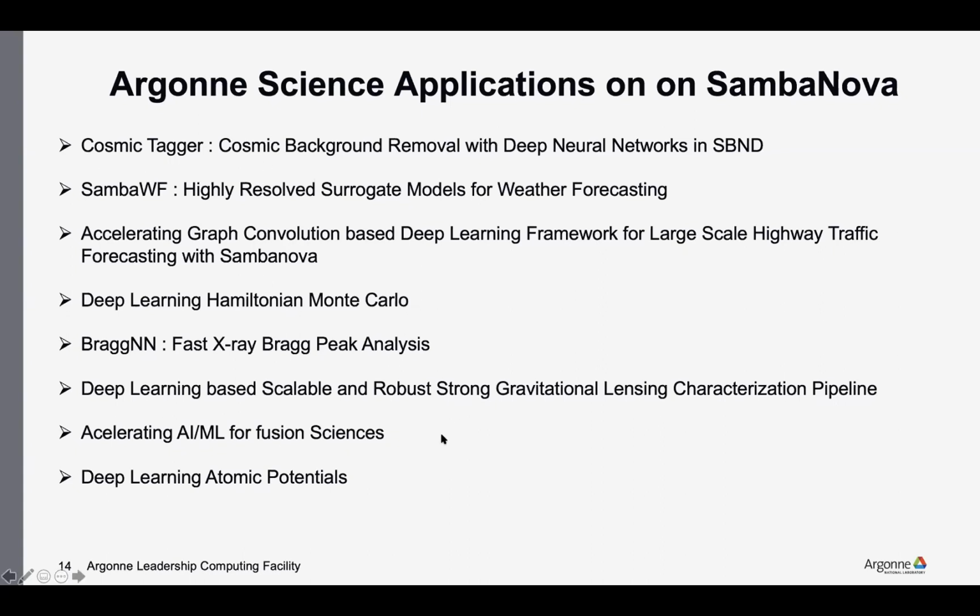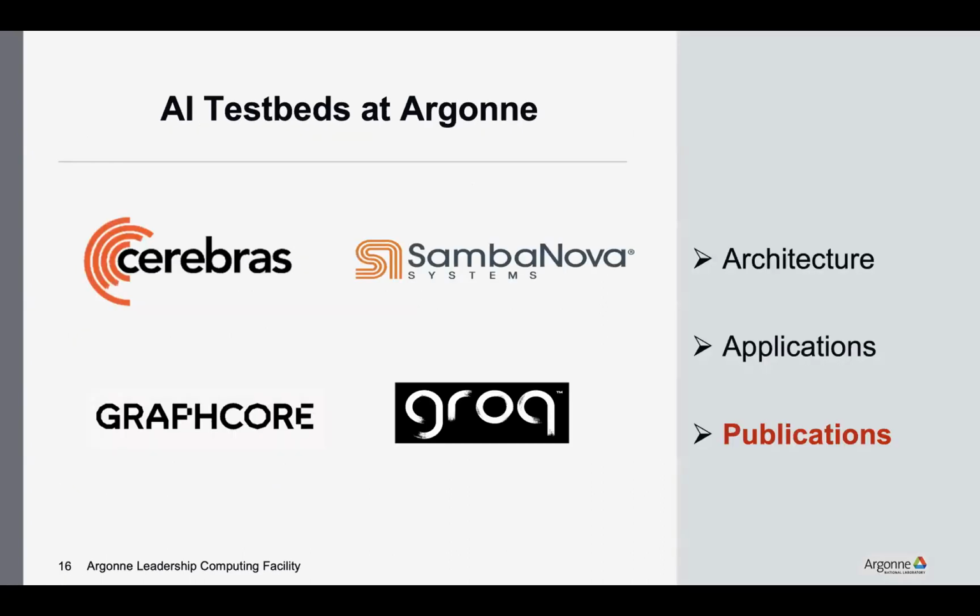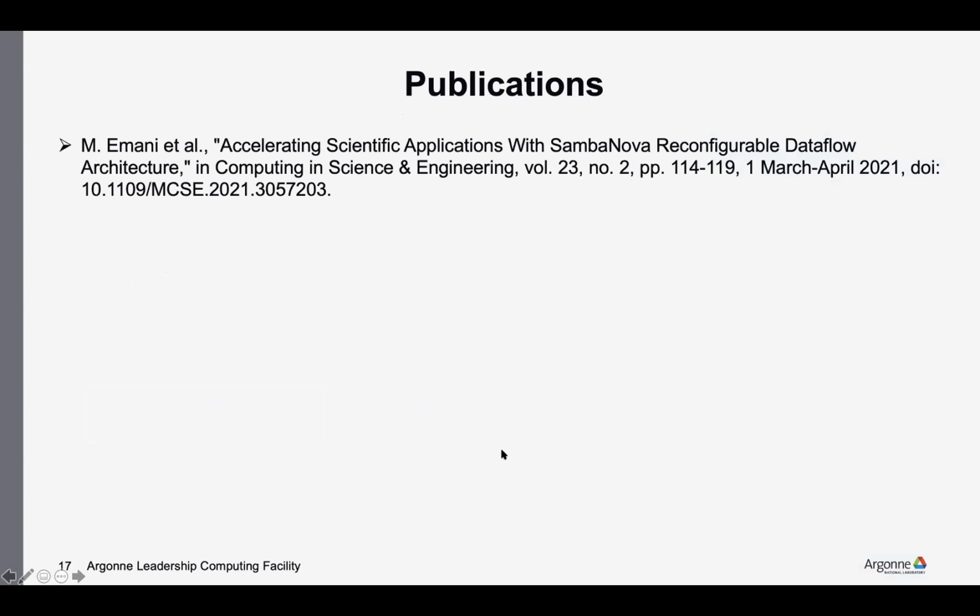This is just a list of those applications. I cannot share information about Graphcore and Groq yet. And for publications, we have this one, Accelerating Scientific Applications with Sambanova RDA. That's the only publication so far.